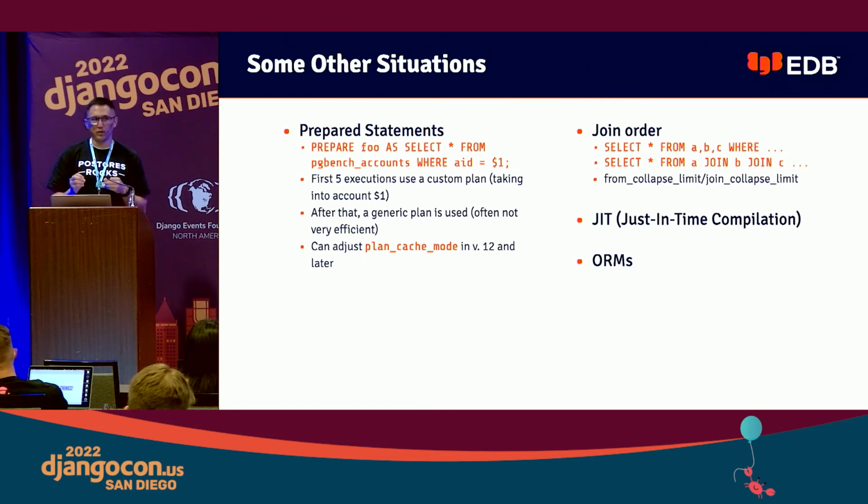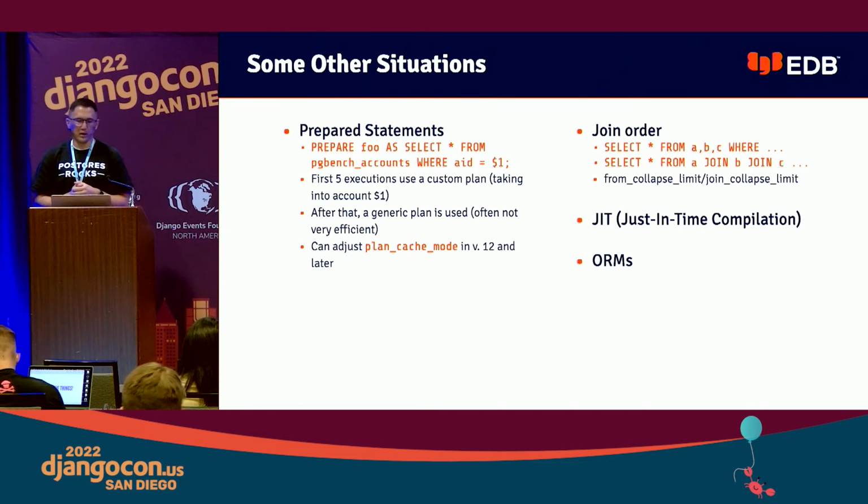If you know that, for this thing I want a nested loop, and I know that this table is a lot smaller than this other table, you can tell us explicitly, A join B, so that A is always on the left side. Okay. Now, the caveat to that is if you have too many tables that you're joining together, you might run into the problem where the join collapse limit or the from collapse limit is reached.